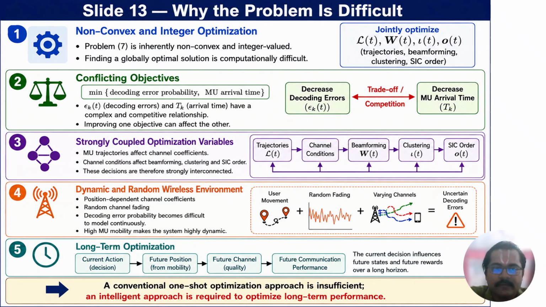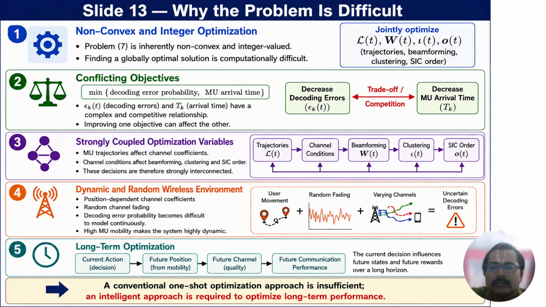Why is the problem difficult? Traditional optimization is non-convex and integer optimization. We have to jointly optimize trajectory, beamforming, clustering, and successive interference cancellation order. These objectives are mutually conflicting, so you need to find a trade-off. If you try to decrease decoding error, what happens?